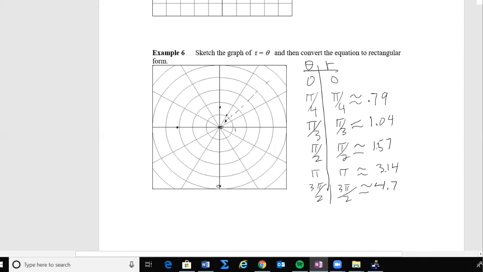So if you were to connect these now, you would see you're seeing a spiraling effect. Continue outward like this, if I could draw it.